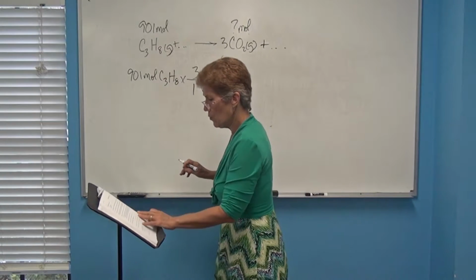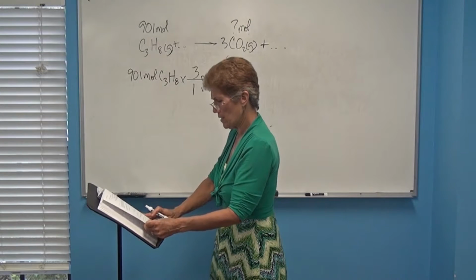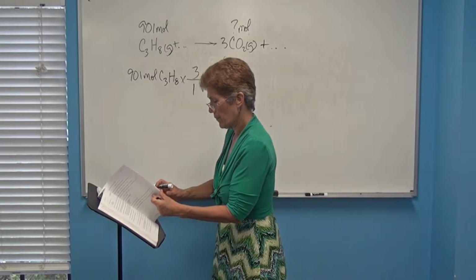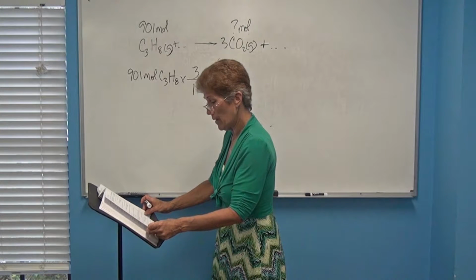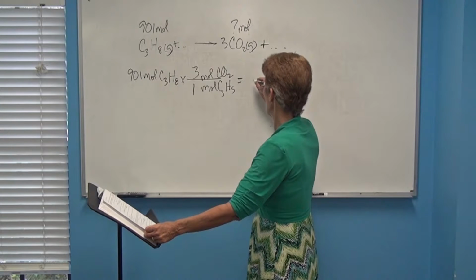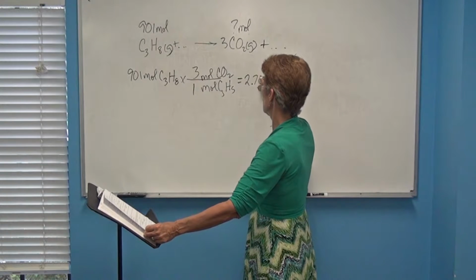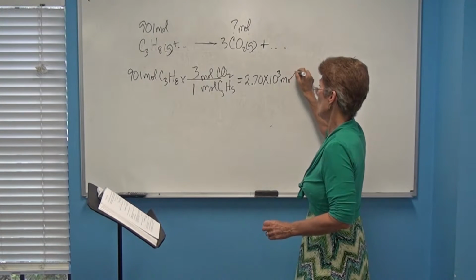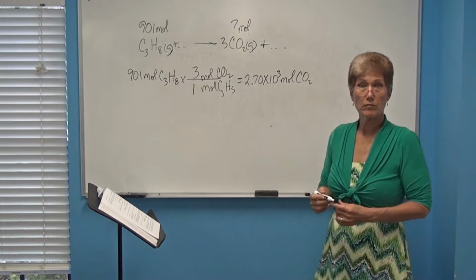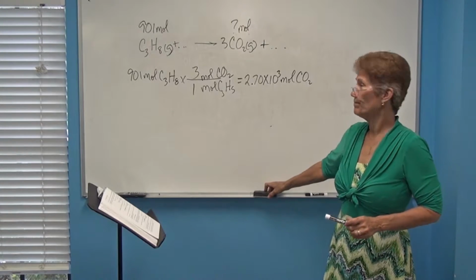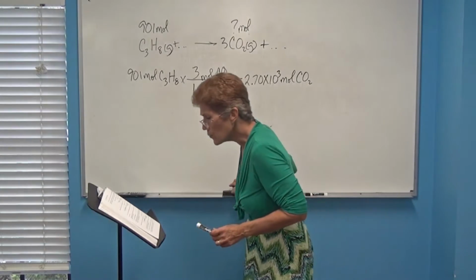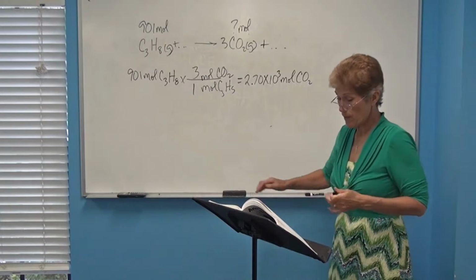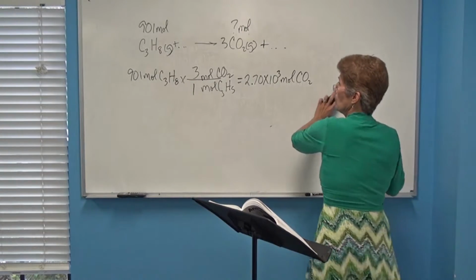And so that is going to give us in 3 significant figures, 2.70 times 10 to the third moles of CO2. There you go. Let's see what this is worth. Okay, this whole thing is only worth 3 points. If you miss the significant figures, take off 1 point.